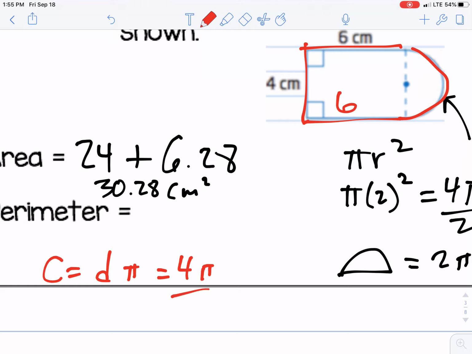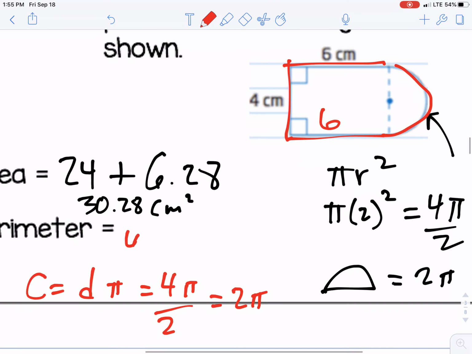Now let's cut that in half, divide that by 2. The circumference of the half circle is 2 pi as well.